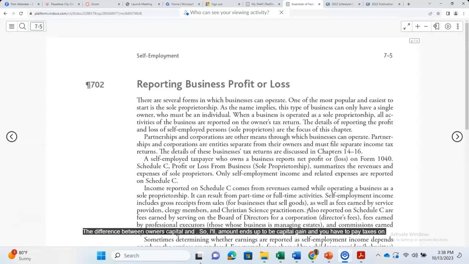The difference between owner's capital and the sold amount ends up being capital gain, and you have to pay taxes on it.